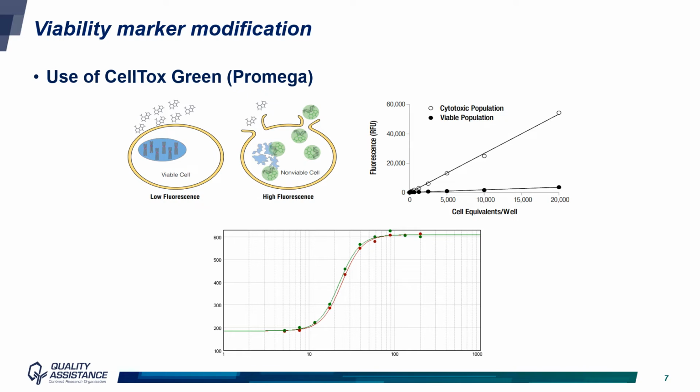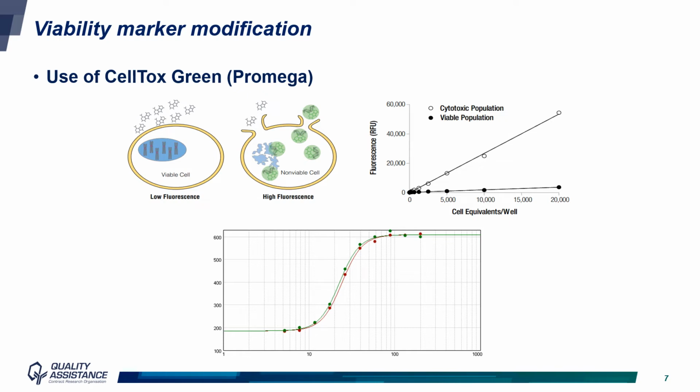When the dye binds DNA released from cells, its fluorescence properties are substantially enhanced. As observed in the graph at the right side of the slide, viable cells don't produce appreciable increases in fluorescence. However, the fluorescence signal produced by the binding interaction with dead cell DNA is proportional to cytotoxicity.